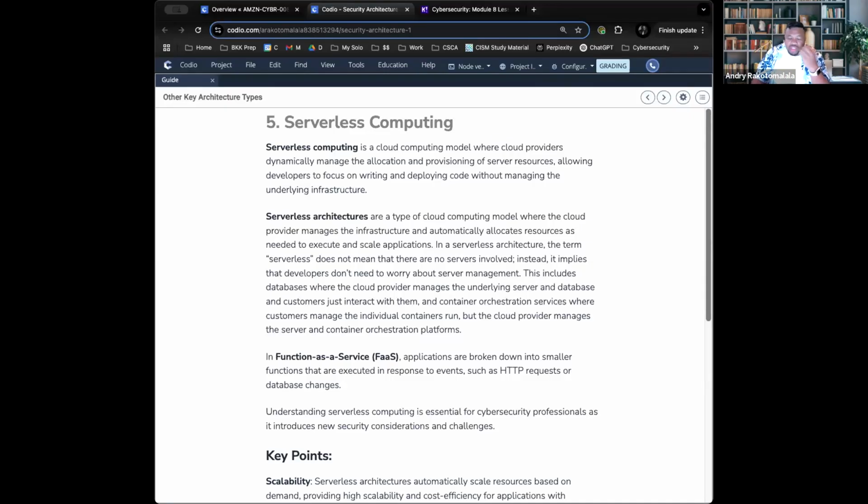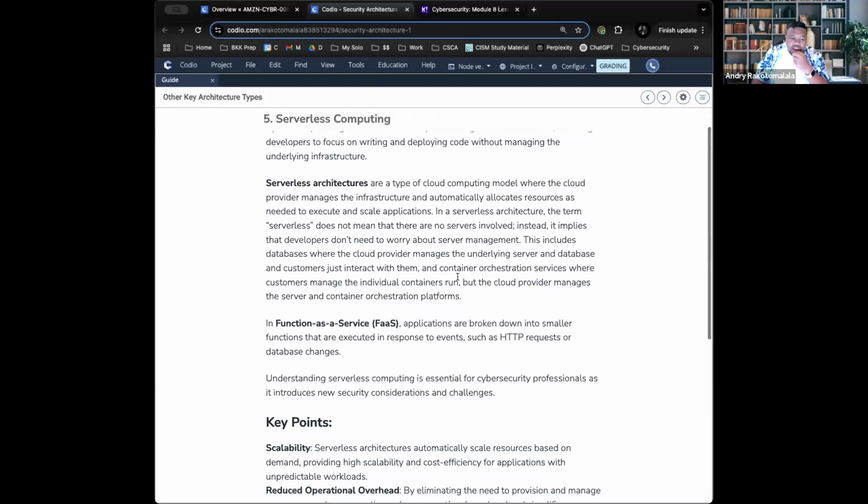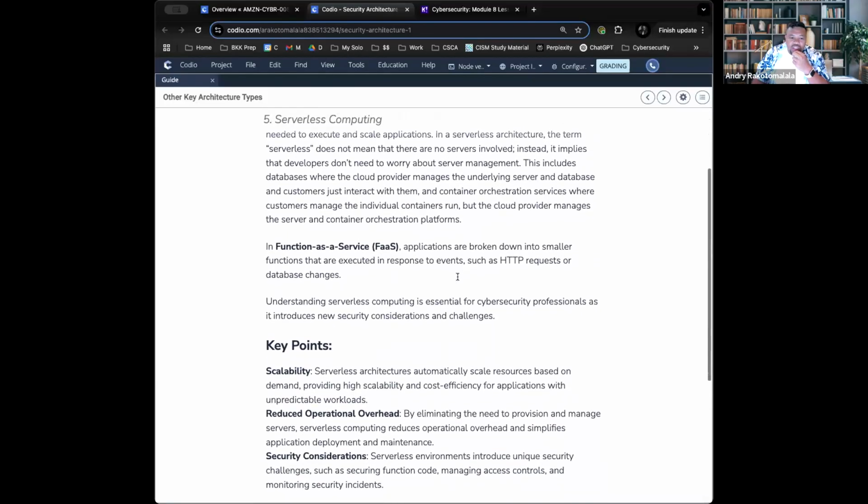Examples of this: Azure does it, AWS does it, and Google Cloud also does it. The entire idea here is that it's less manual work and manual labor needed for the developer. They just write the code and then they send it out. Now, one of the key things to understand here is this is called function as a service, so FaaS.